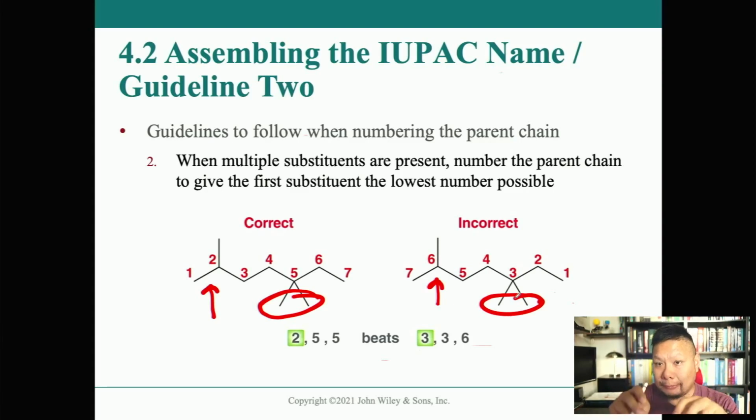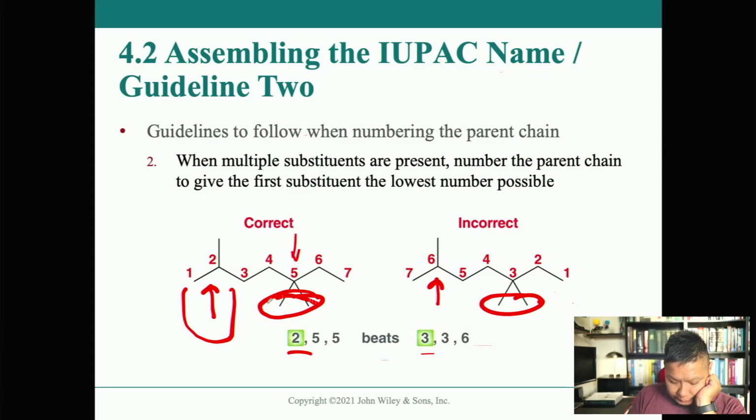And you name them based on the first substituent. So since you've already picked this as the one that you want to use, because it's correct, the 2-methylheptane part, then the 2 methyls here, right, are going to be on carbon 5, right? So 2 beats 3, and that's why it's going to be 2,5,5, right? Instead of 3,3,6, which is the 2 methyl groups on the third carbon first, and then the last one on the 6th carbon, right?